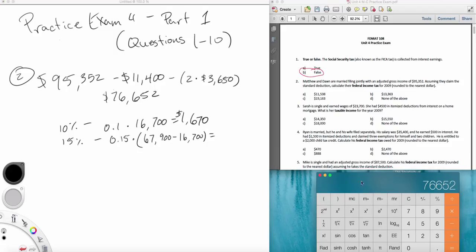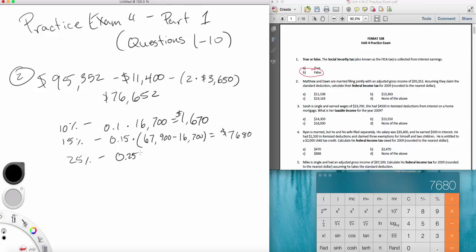So we go 67,900 minus 16,700. This gives us 51,200, and we'll multiply that by the 15%, or 0.15, and that will give us 7,680.